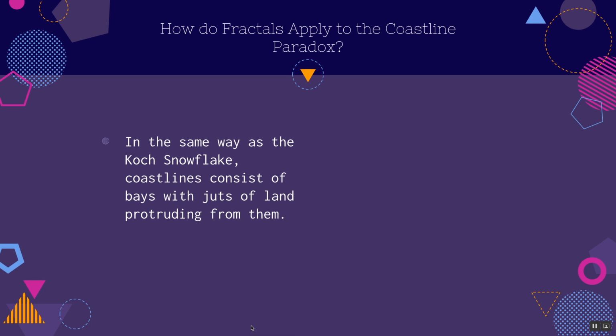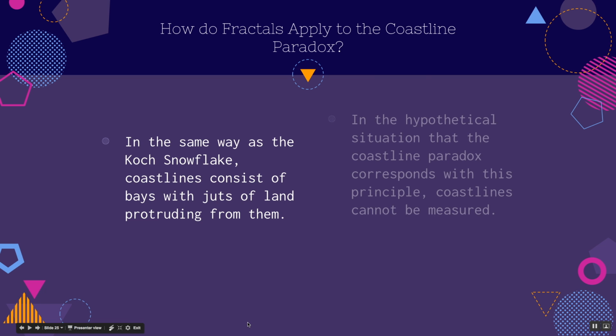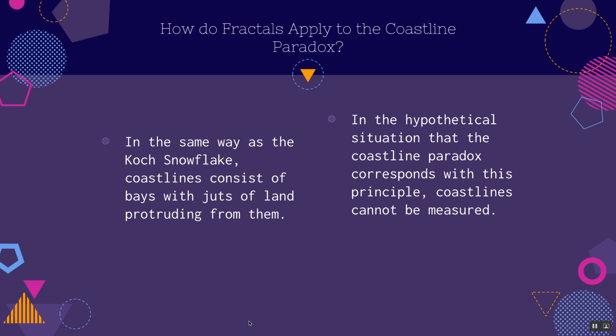As we can see in this animation, within the Koch snowflake, the same pattern occurs at any level of magnification, due to the pattern of triangles that are placed. In the same way as the Koch snowflake, coastlines consist of bays with pieces of land protruding from them. So, in the hypothetical situation that the coastline paradox corresponds with these principles, coastlines cannot be measured.